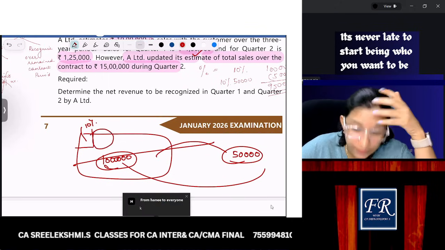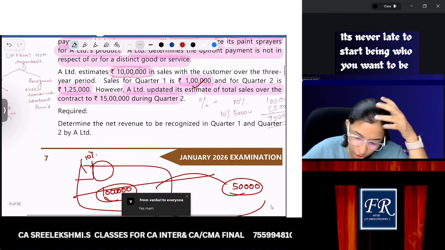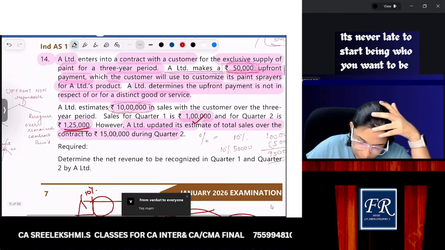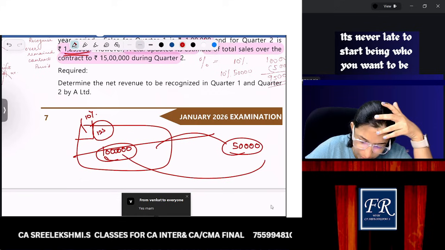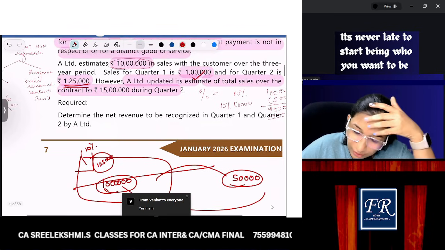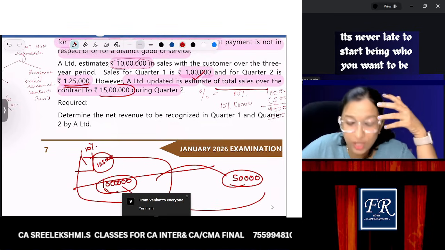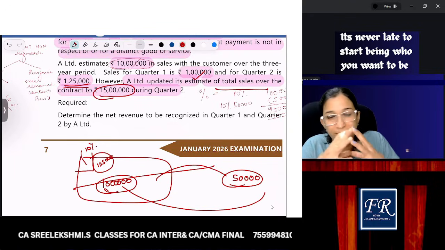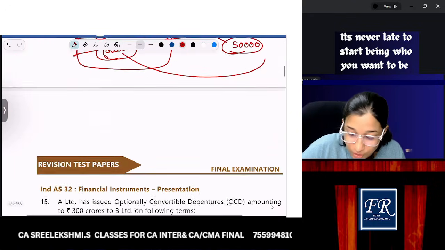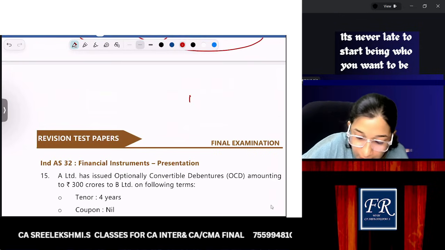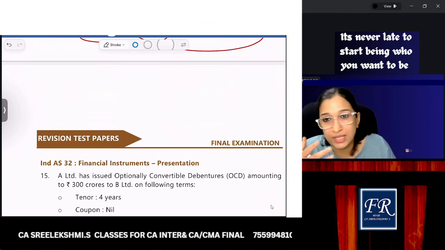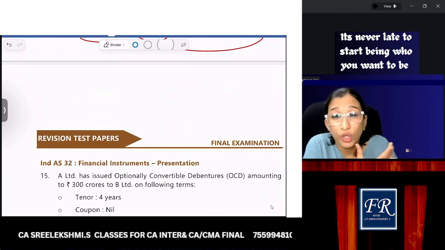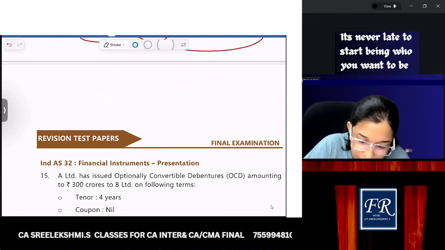Similarly, in the second quarter, listen, in the second quarter, 1,25,000 is the revenue I am expecting. But the total sales expected has changed to 15 lakhs. Now when there is a change in estimate, we go for a cumulative catch up, cumulative adjustments.